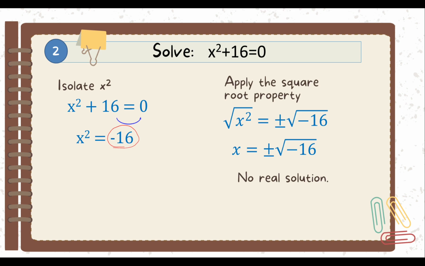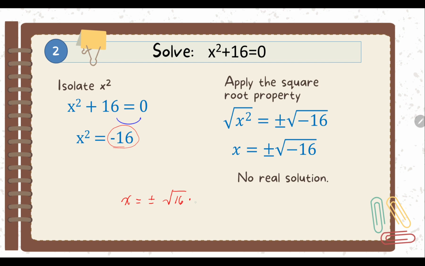That is on the part of a grade 9. What about if you are a grade 10 student? Then we can simplify that and say x is equal to plus or minus the square root of -16.